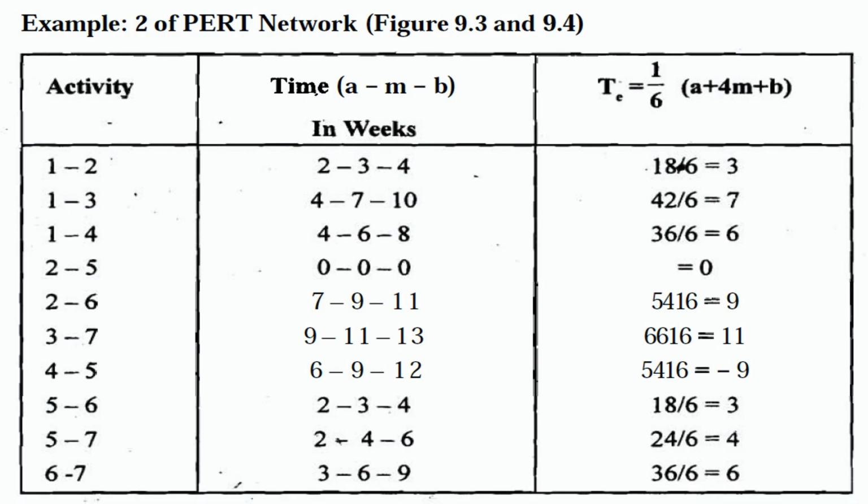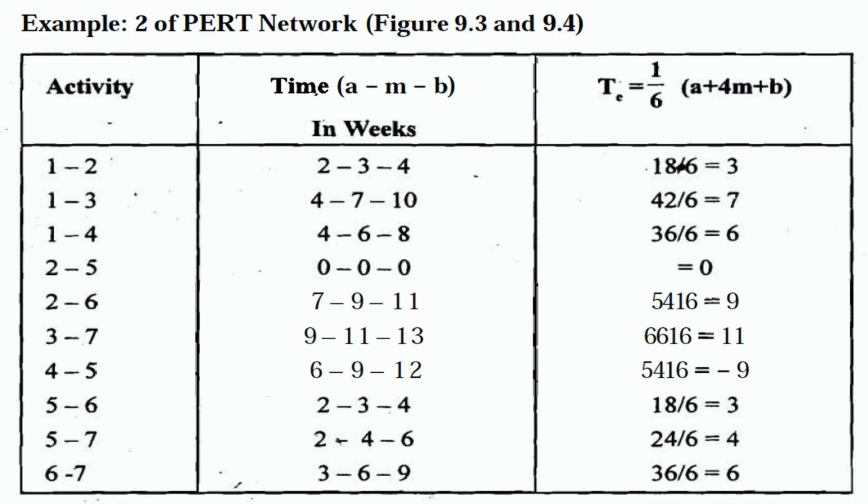M is some sort of average guess. In this particular case, we have used 3 weeks. And B happens to be the most pessimistic approach: if something goes wrong, how much time it will take. We are assuming it takes 4 weeks in that case.